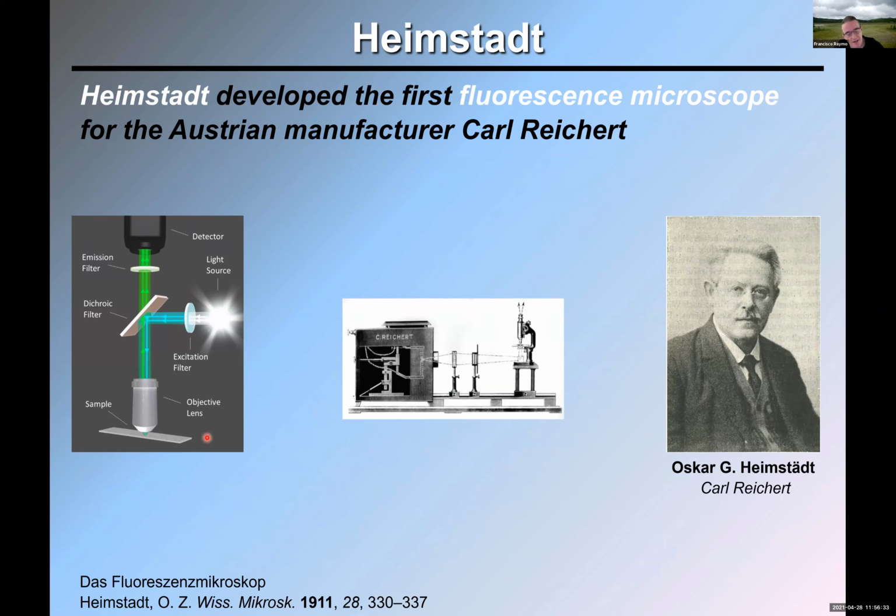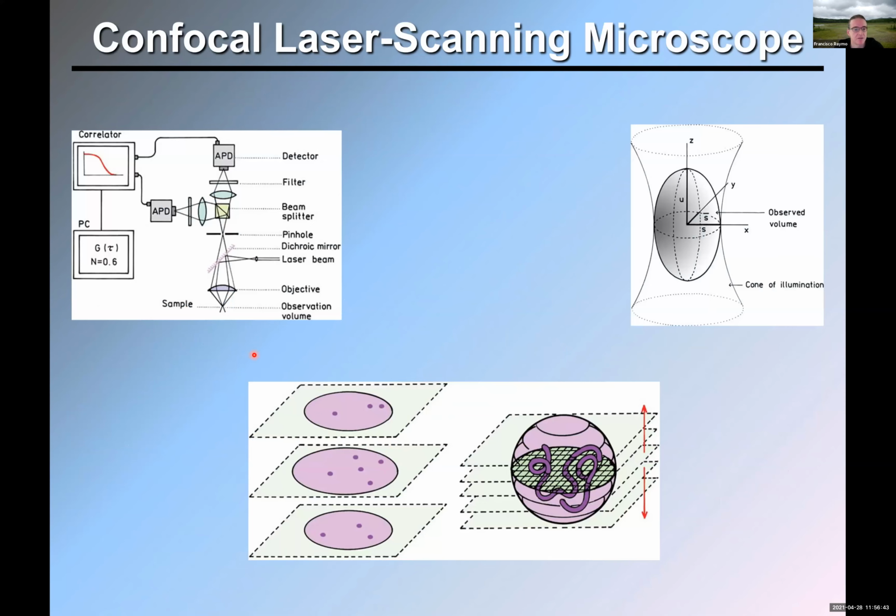The additional element in the other diagram is one optical component here before the detector, which would be this black line over here, which has a tiny little hole in the middle, which is called pinhole. And the size of that hole can be controlled generally with the software of the instrument.